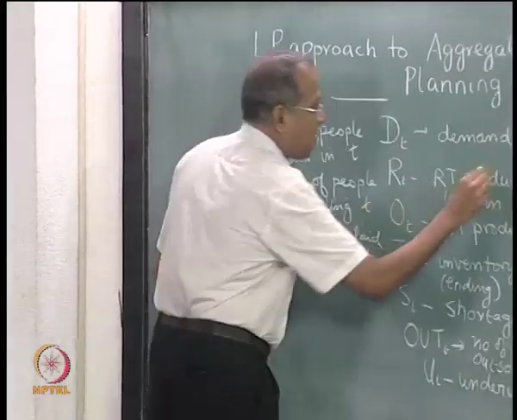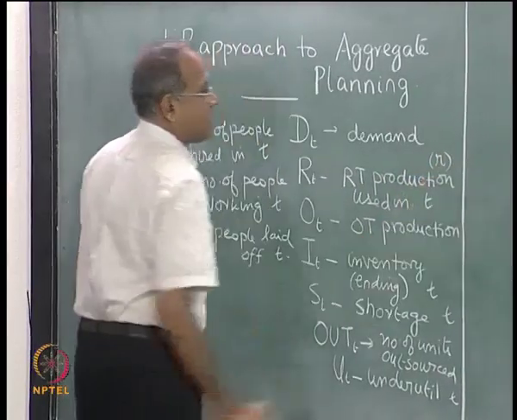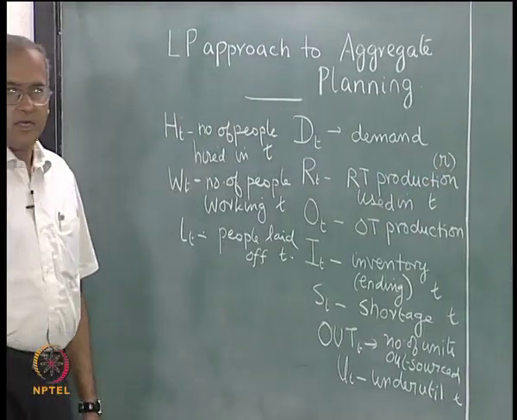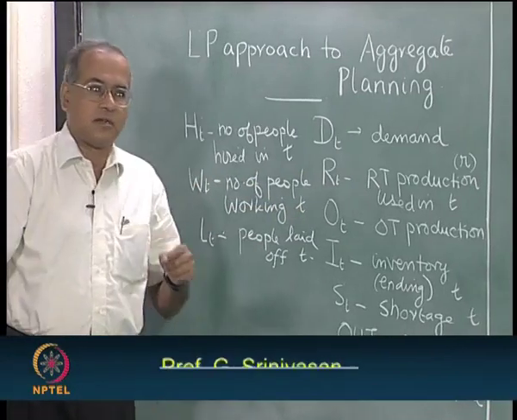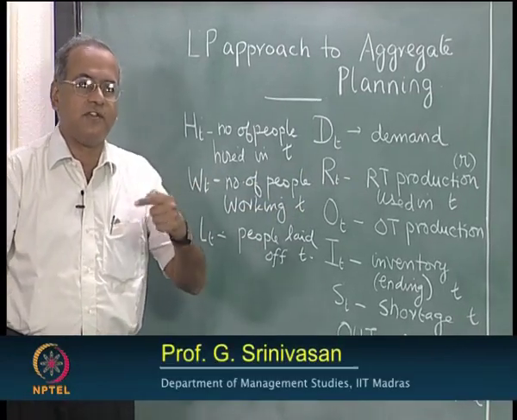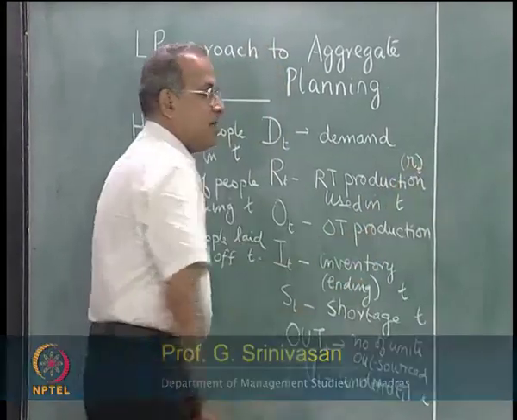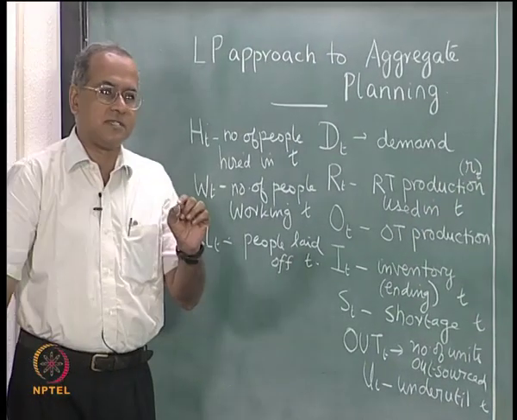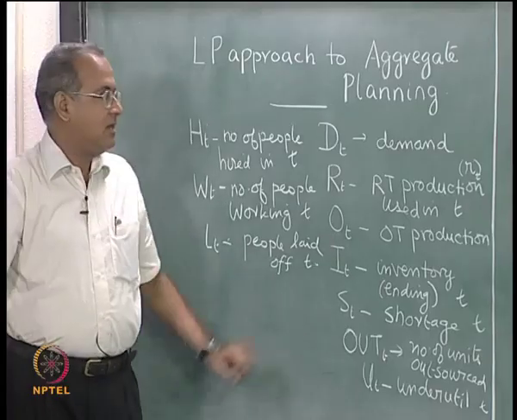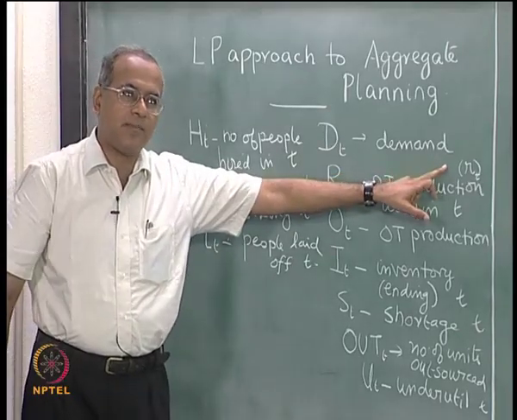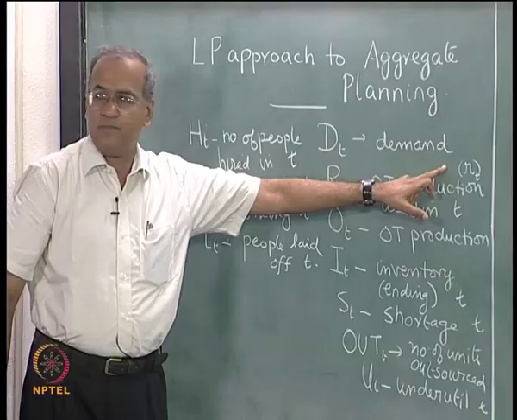So, let small r be the regular time production cost. If this regular time production cost is going to be different in different periods, then we can add a small subscript RT, which is the regular time production cost in period T.